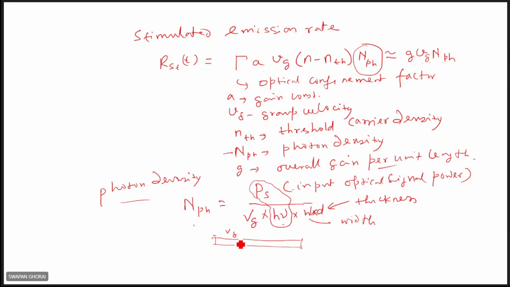If Vg is the group velocity, in 1 second it covers Vg centimeters, and that length times width times thickness gives the volume. So that is the photons per unit volume, N_ph. This is the most important relation. Sometimes silly questions are asked based on this photon density and the estimated transition rate.